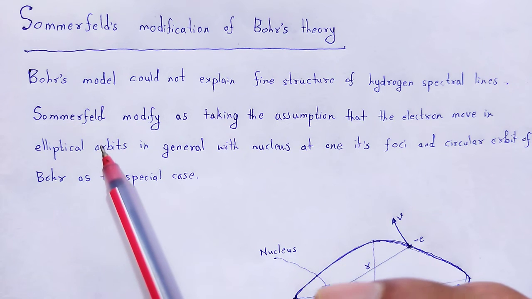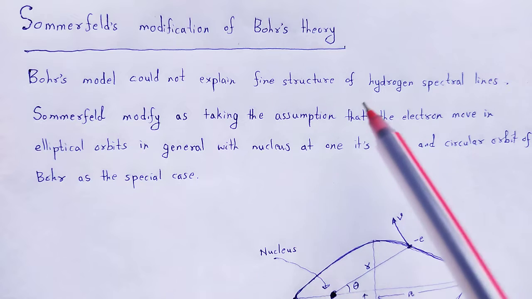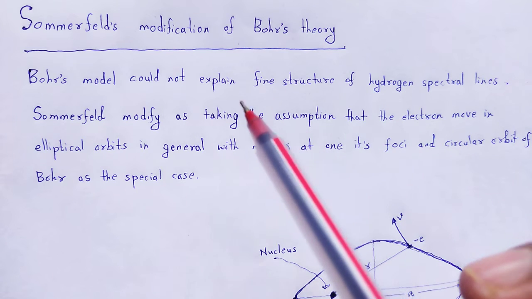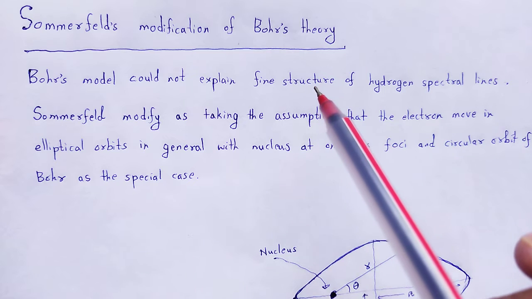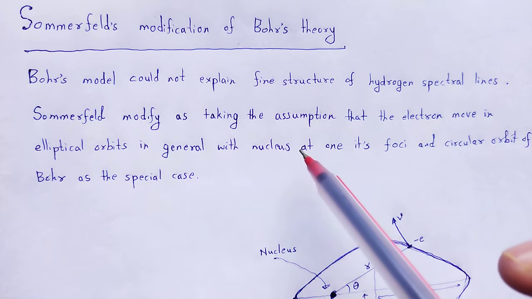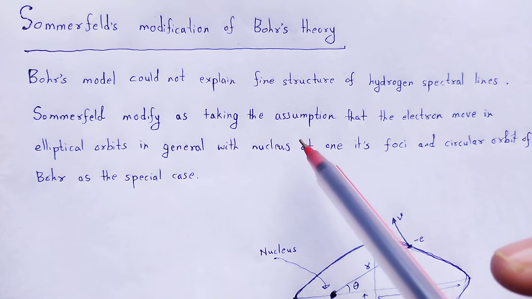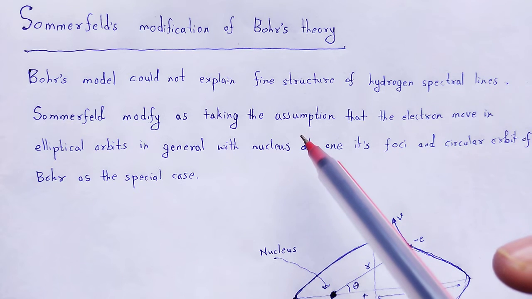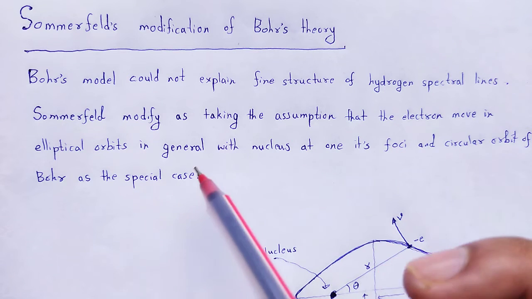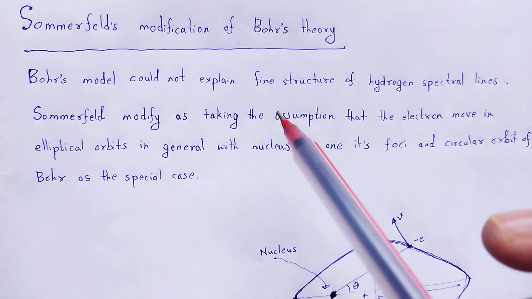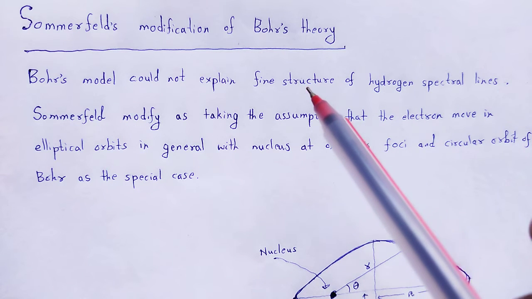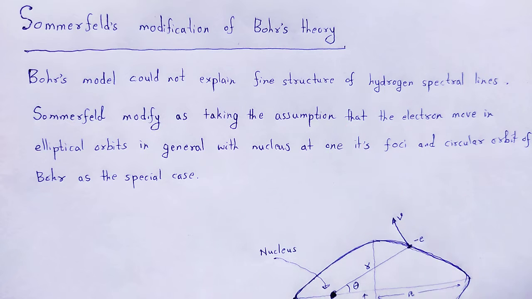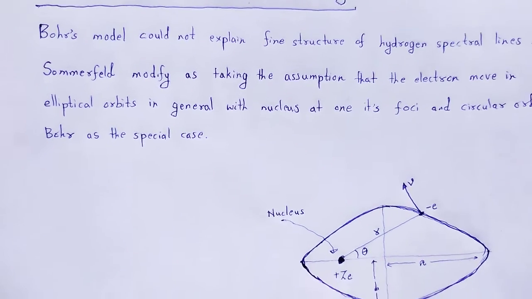Sommerfeld modified that: the orbit is not circular, it is an elliptical orbit, where the nucleus is at one of the foci of the ellipse, and the circle is one special case of such an elliptical orbit. Okay, let me explain it.